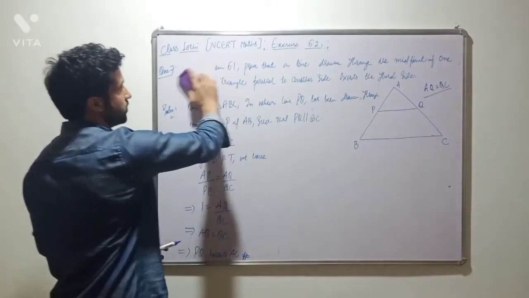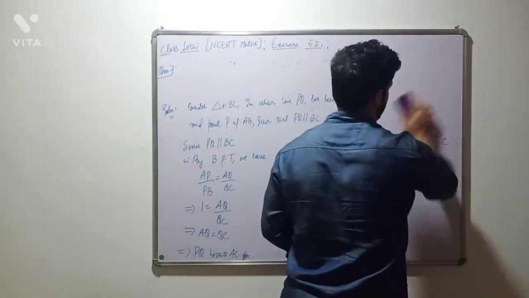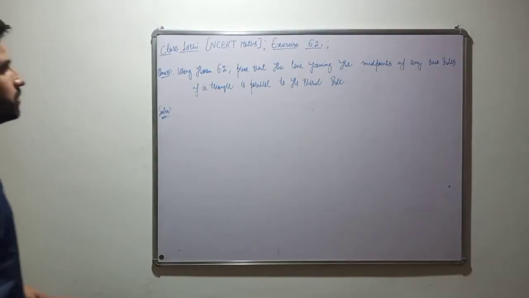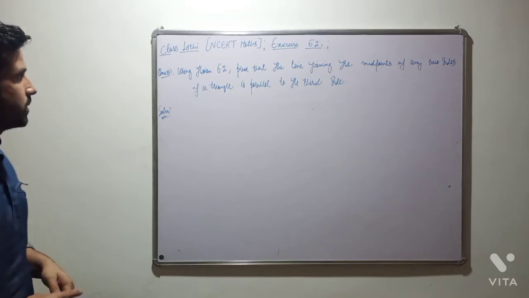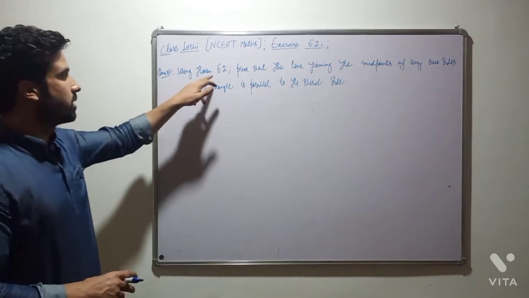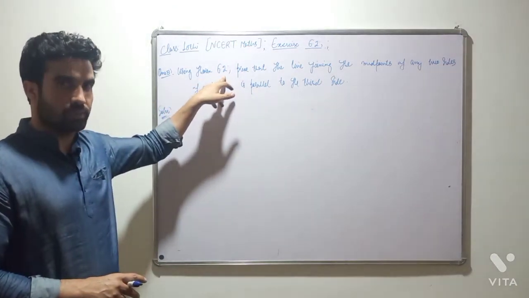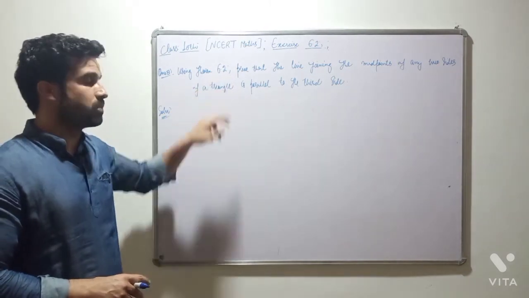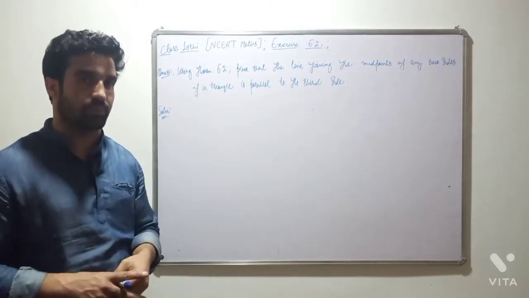Okay dear students, let's come to question number 8. Now see, this is question number 8 and it is asking: using theorem 6.2. So you have to use theorem 6.2, and theorem 6.2 is the converse part of the basic proportionality theorem.